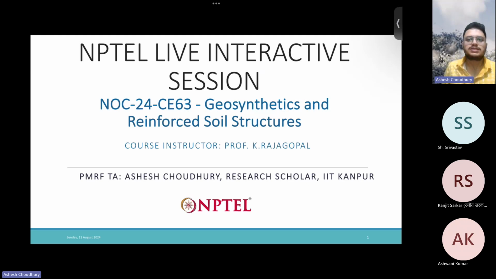In the previous week we solved a lot of problems. Regarding the main mechanism behind reinforced soil structures, we saw how the reinforced soil actually behaves and what mechanism it follows. We studied the failure mechanisms, that is failure by rupture or pull out, and solved some problems from that part too.